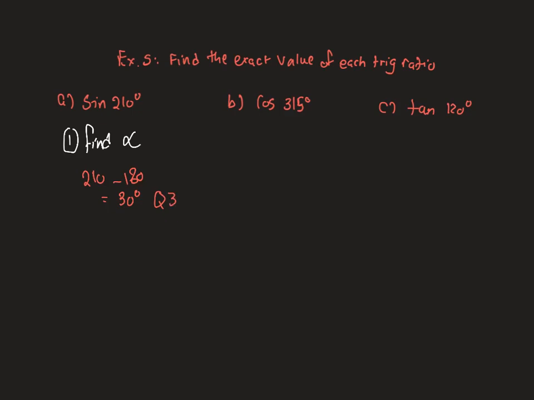Now, if I'm looking at sine, I remember my CAST system, and CAST told me in quadrant 3, only tangent is positive. So this now turns into negative sine of 30 degrees, because I know my final answer should be negative. And of course, 30 degrees is one of our special triangles, and we know that sine of 30 is 1 over 2, which means I should have negative 1 over 2.